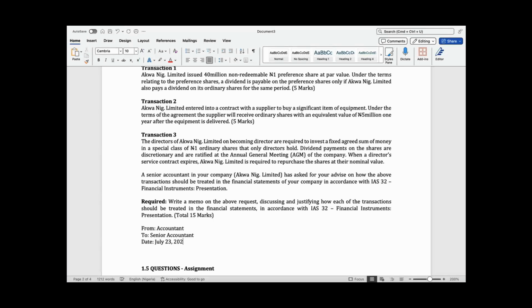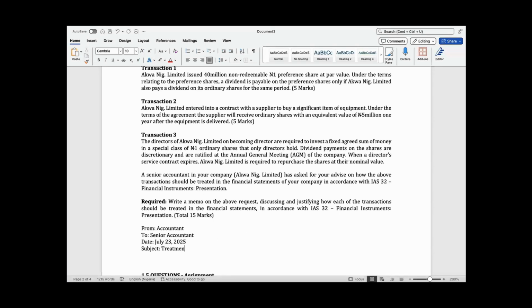Okay, so the subject would be something like this request, discussing and justifying how each transaction should be treated in the financial statements.